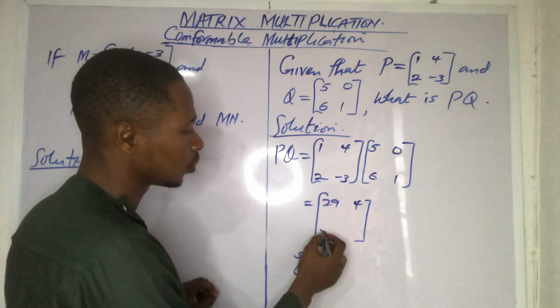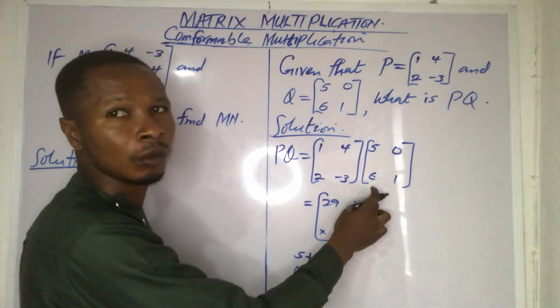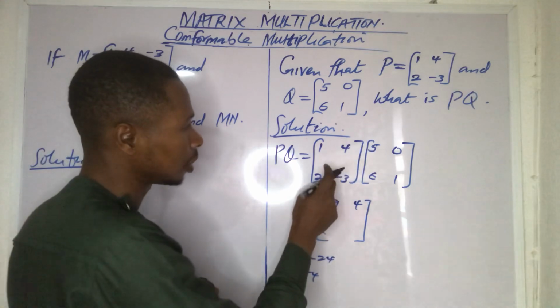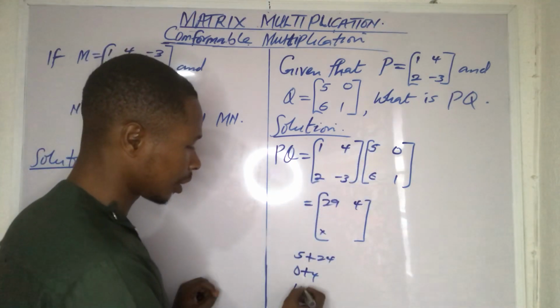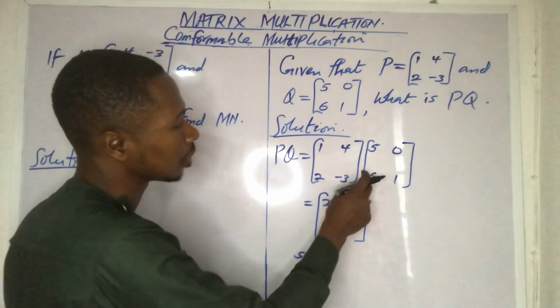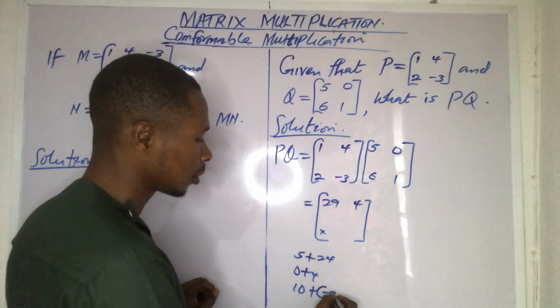So to get what will be here now, this second row will multiply this first column. That is 2 times 5, that's 10, plus minus 3 times 6, that's minus 18.